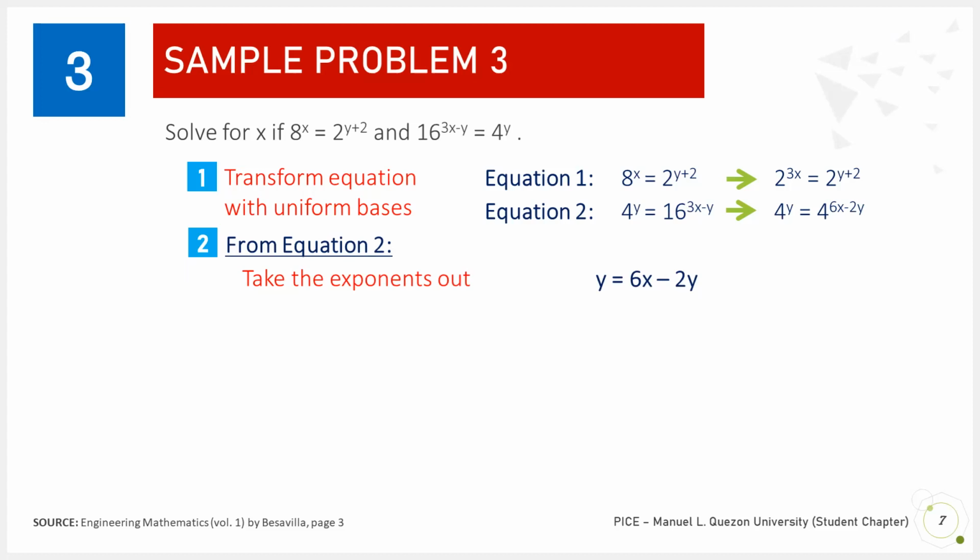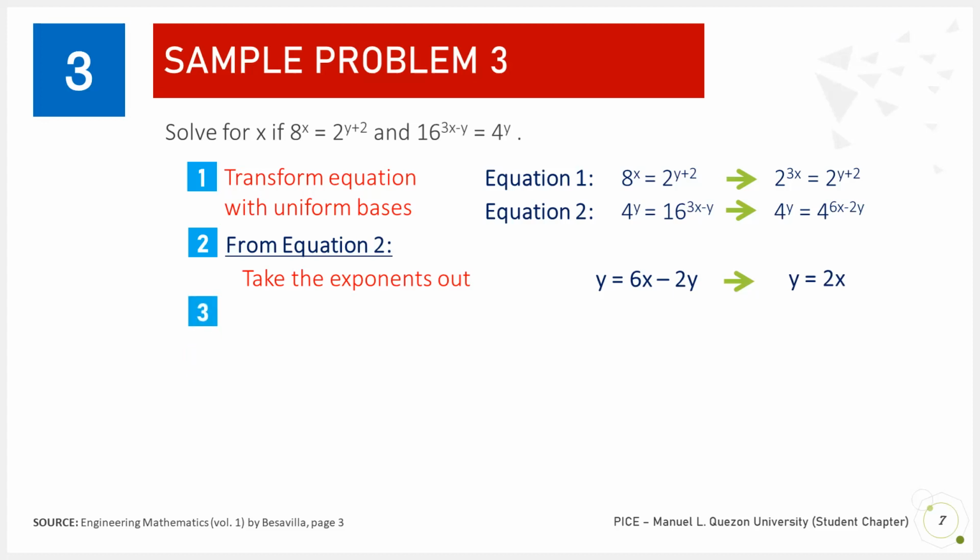We have to take note na kapag meron tayong equation and yung base ng left side at ng right side is uniform na, meaning parehas na sila ng base, so we can take the exponents out and solve for the unknown values or the unknown variables. And then, simplifying this, we have the value of y in terms of x. So we have to take note of this value kasi gagamitin natin siya mamaya.